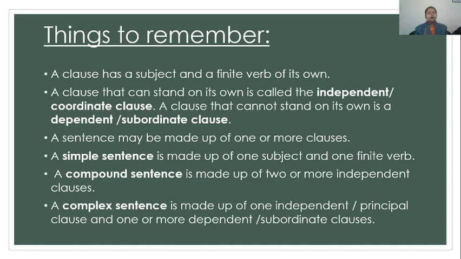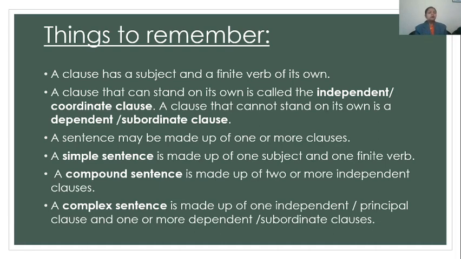One clause is a simple sentence; more than one clause and both are independent clauses, compound sentence. If one clause is independent and the others are dependent, that is a complex sentence. So to understand this, you have to study how to identify the type of clauses.